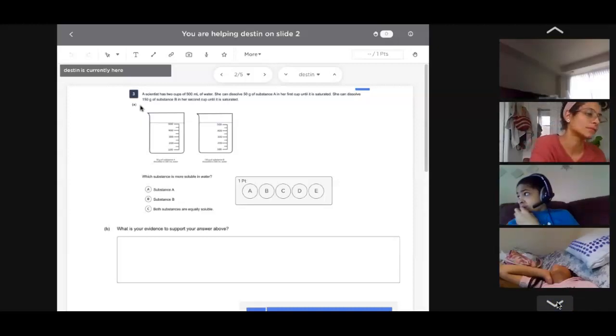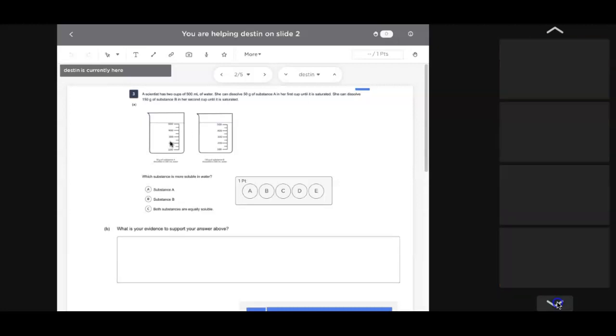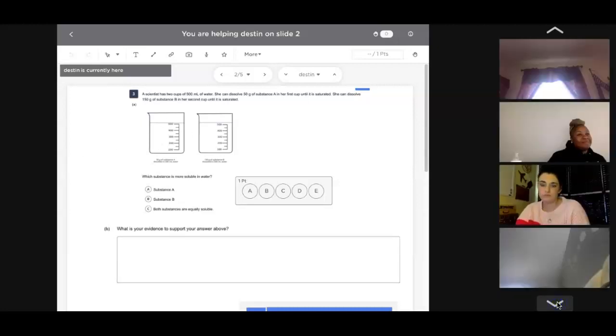A scientist has 2 cups of 500 milliliters of water. She has dissolved 50 grams of substance A in her first cup until it is saturated.